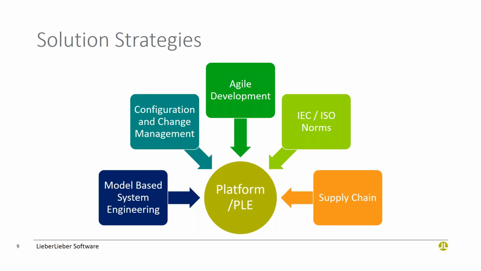They need to comply to various norms, and the supply chain is always changing as well. So one of the overall solution scenarios that they are aiming for is platform or product line approaches to develop products, and we will look at that in more detail. This is today's focus: how you can do a platform or PLE approach using Enterprise Architect.